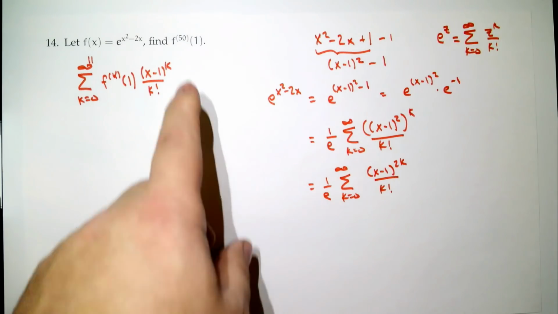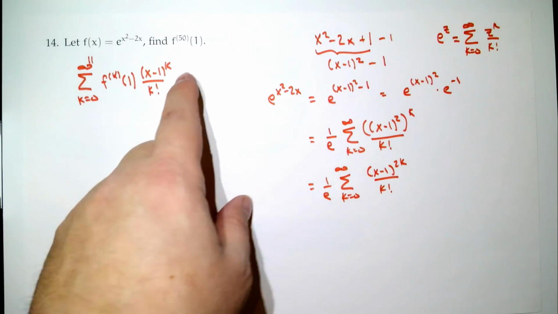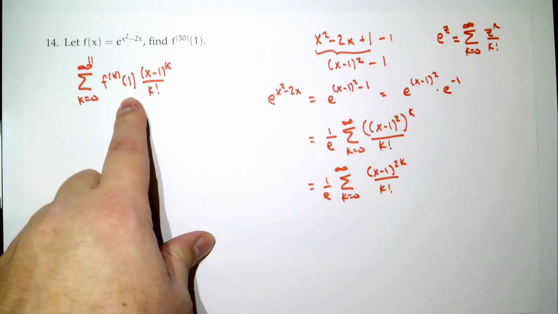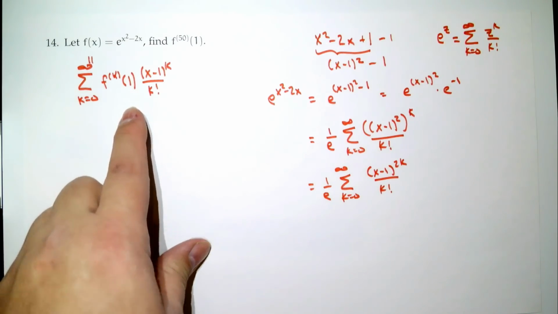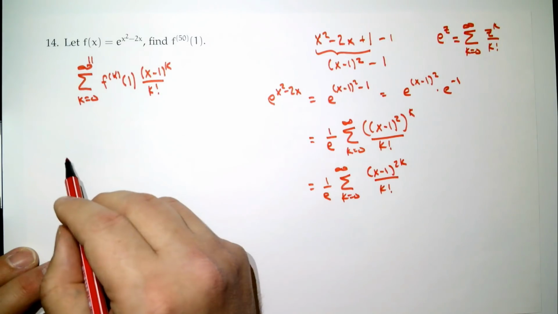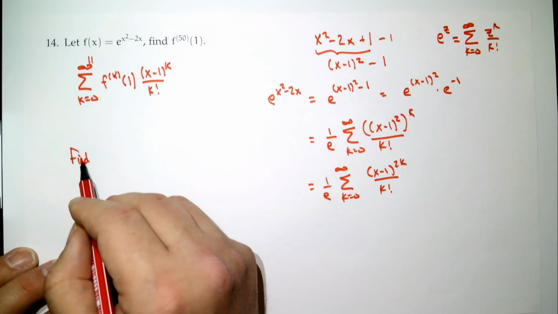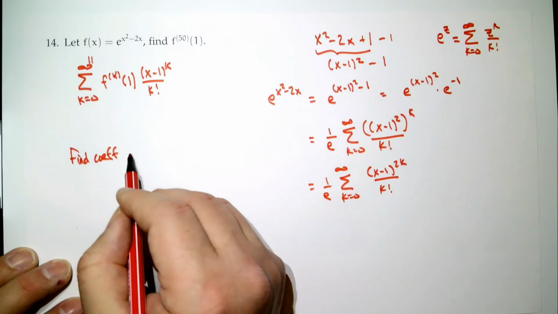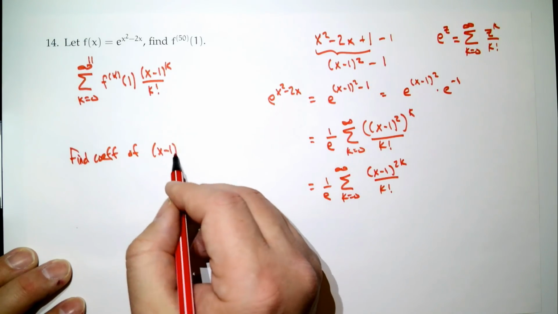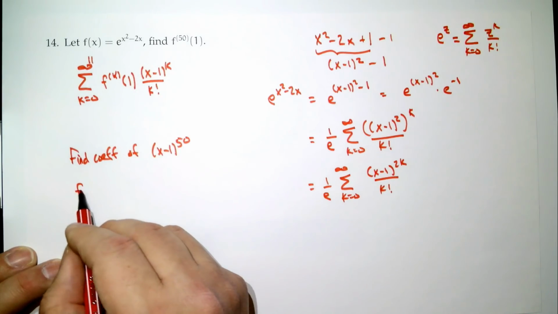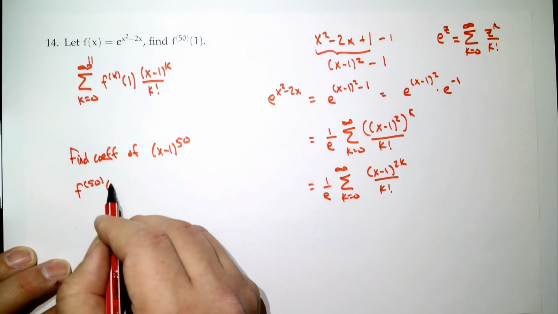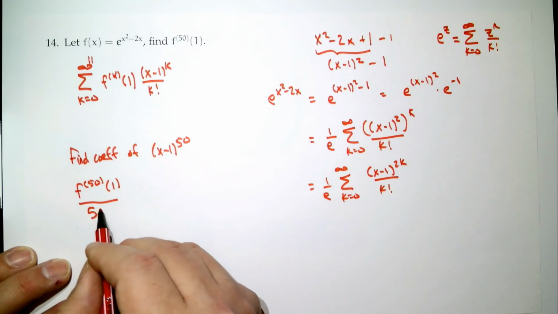Well, I want the 50th derivative. So which power of x minus 1 do I care about? The 50th. So I'm going to find the coefficient of x minus 1 to the 50th. On the left-hand side, it's going to be the 50th derivative evaluated at 1 divided by 50 factorial.